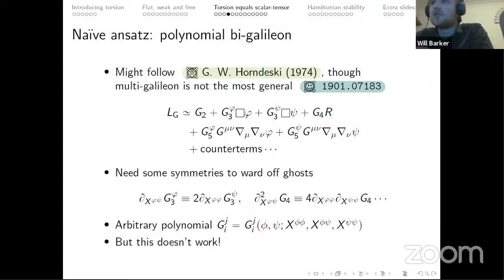So the general scalar tensor theory, but with 2 scalar fields. It's called Multigalileon. It's not the most general version you can pick, but in common with Horndeski theory, it's got these arbitrary G functions in it. And you would think, well, those functions are probably going to be polynomials, right? It turns out that that's not true. You can't replicate torsion by those means, at least not with polynomial G functions.